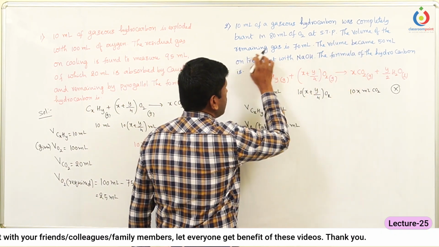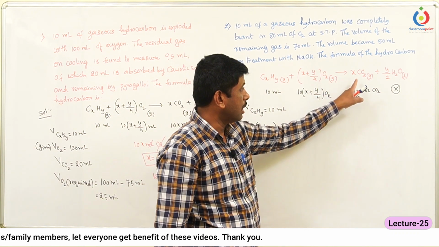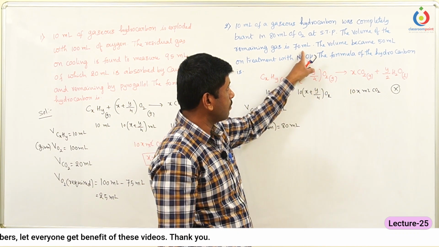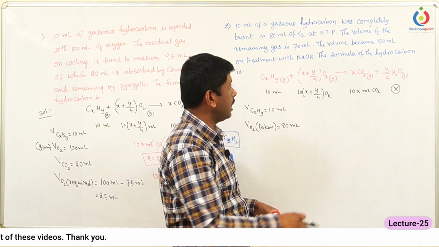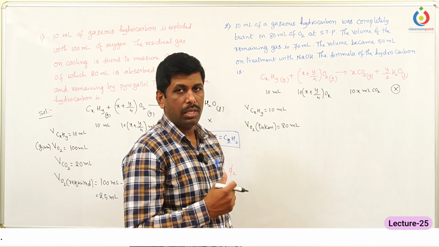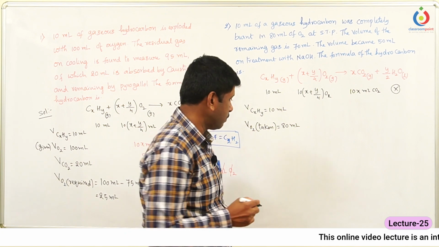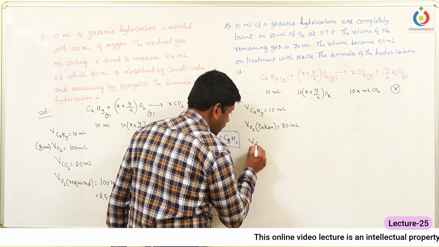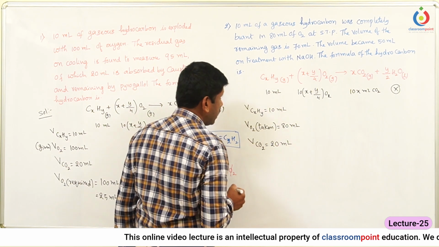The remaining gas mixture contains only oxygen and carbon dioxide, that is 70 ml. And the volume becomes 50 ml after passing through NaOH. That means only 20 ml of gas was absorbed, which is the carbon dioxide absorbed by NaOH. So the volume of carbon dioxide is 20 ml.